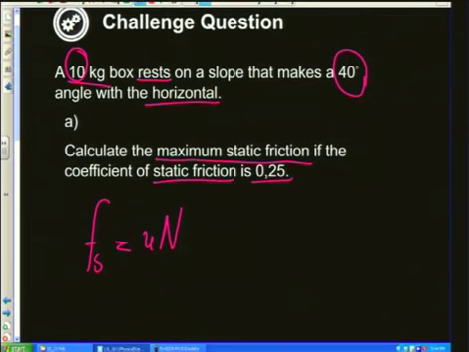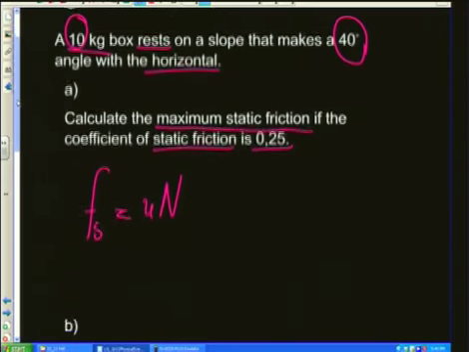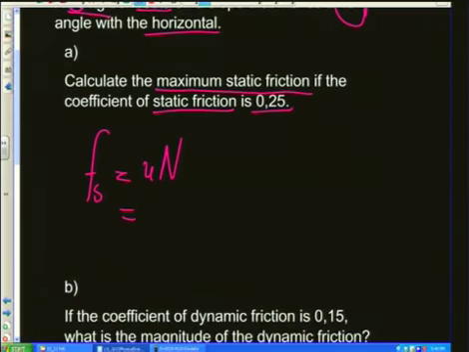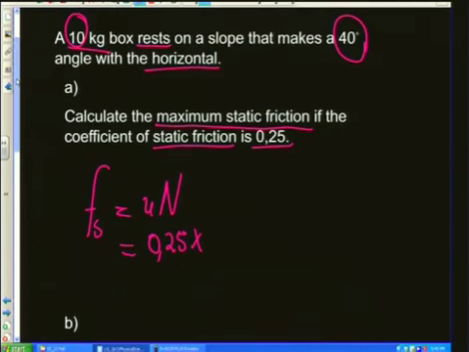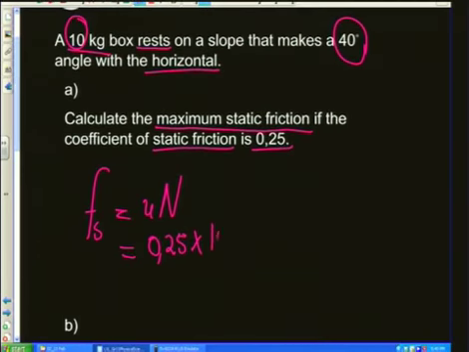So this will be equal to, what is our coefficient of friction? 0.25 times, what is the normal? The normal will be the mass times the gravitational acceleration, which is 9.8. What is the mass? 10. So this will be 10 times g. That's what we have.